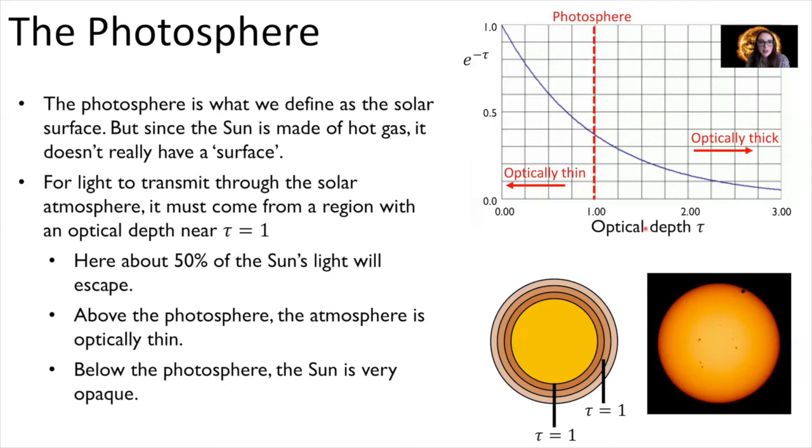More than 50% of the light is not able to escape from whatever region that is. Above the photosphere, that's the region of the sun's upper atmosphere that we consider to be optically thin. More than 50% of light is able to escape from those regions. So you can peer much more easily through those upper layers of the sun before you get to the photosphere.